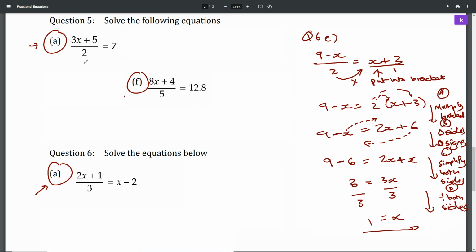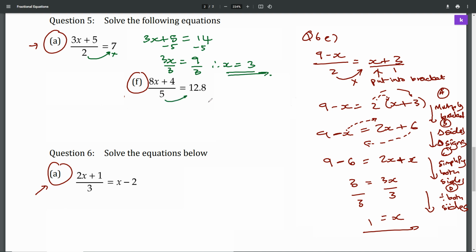So the first one here, I'm going to multiply 2 on the right-hand side. I'll end up with 3x plus 5 equals 14. Then I'm going to subtract 5 to get 3x equals 14 minus 5, which is 9. And then divide by 3. So therefore x equals 3 for this one.